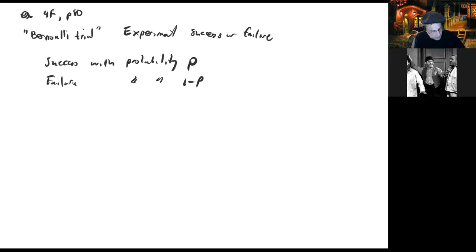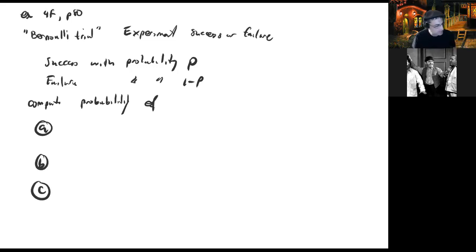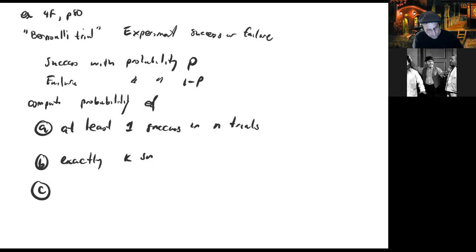So we want to compute the probability of A, B, and C. There are 3 parts of the problem, so let me list them. A: at least 1 success in the first n trials. B: exactly k successes in n trials.